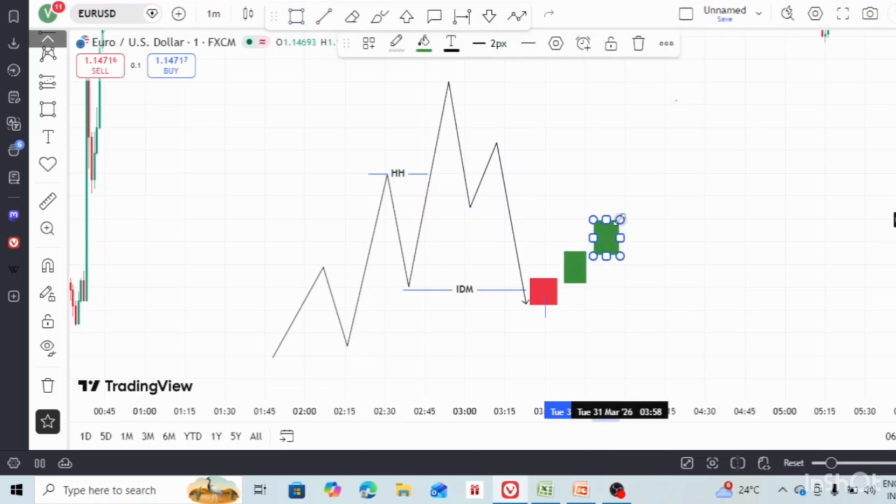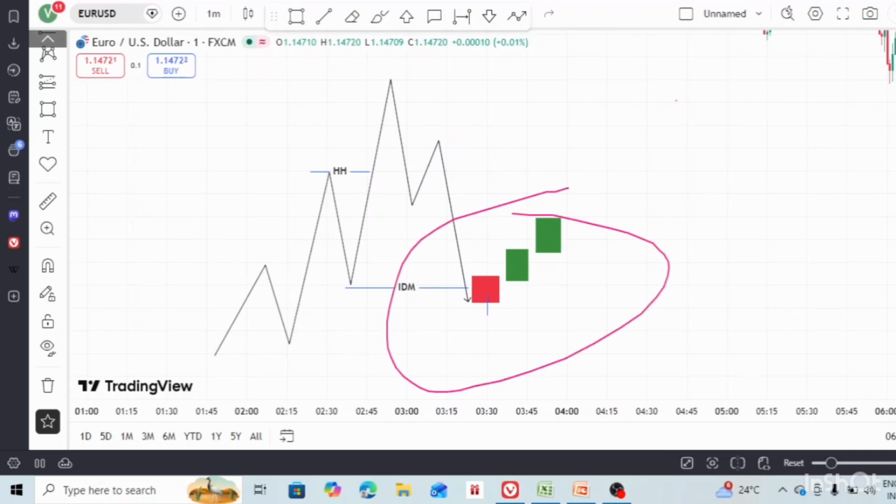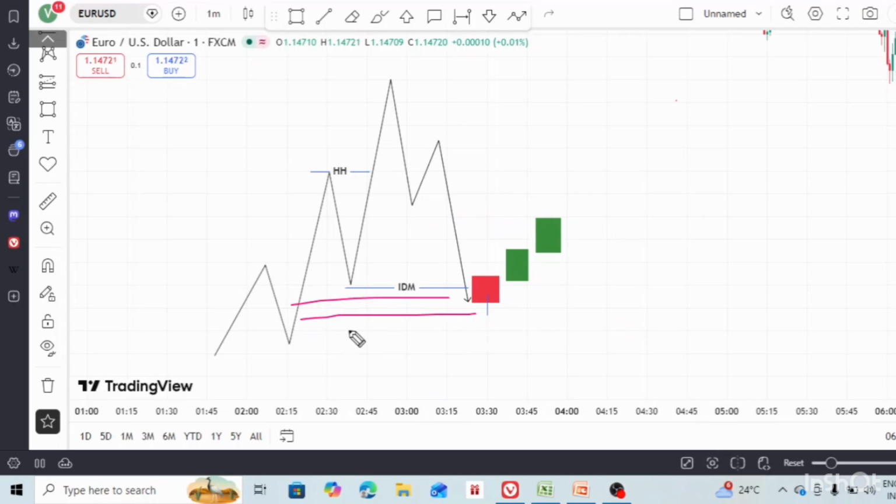Is this a strong gap or a weak gap? It is a weak gap, for me, because it did not mitigate any fair value gap or order block. Only after mitigating the inducement, or any liquidity level, the first gap will always be the weak gap.